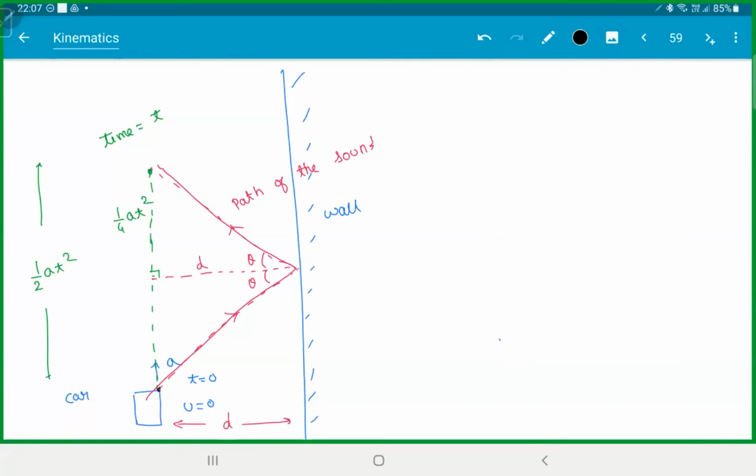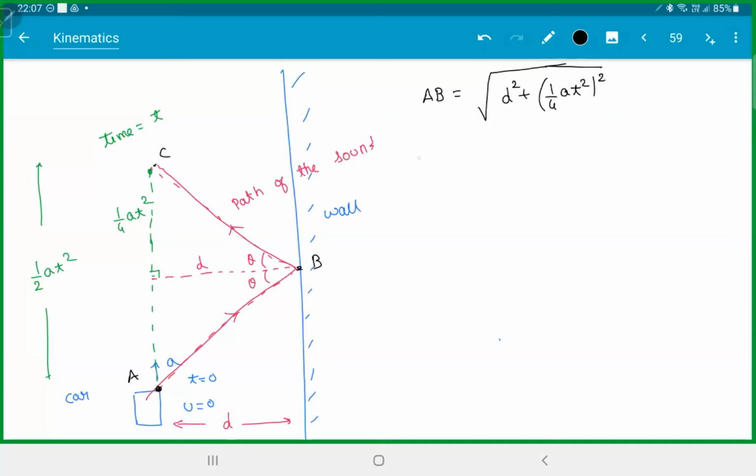So if I just name these points here A, B, and C, this length AB will be root over d square plus (1/4 a t square) whole square.